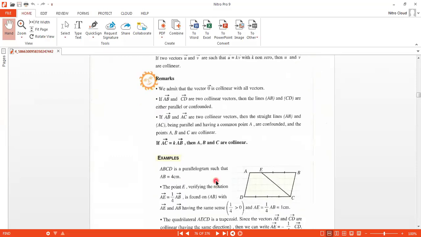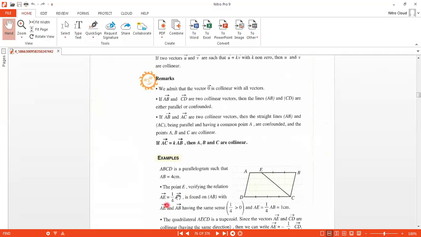I'm going to take an example. Here we have ABCD as a parallelogram, and we need to plot the point E such that AE equals 1/4 AB. What I'm trying to say is that I have to divide AB into 4 equal parts such that AE is 1 part out of 4. So that's why A, E, and B are collinear. Why are they collinear?